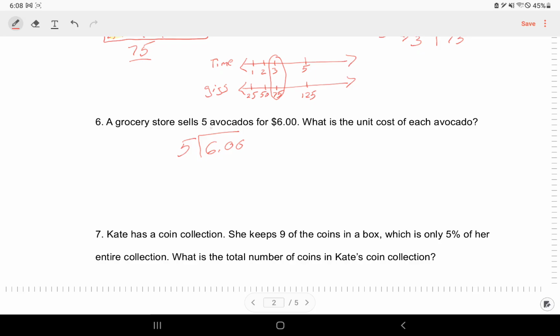Well, 5 goes into 6 one time. 1 times 5 is 5, so we subtract, bring down the 0. 5 goes into 10 2 times, and bring down the 0. And so that's $1.20. So it's $1.20 for each avocado.